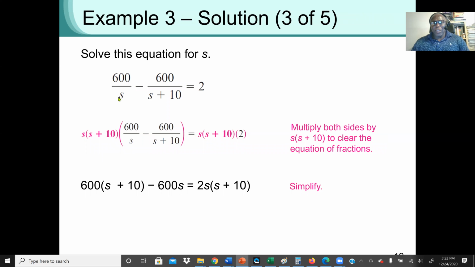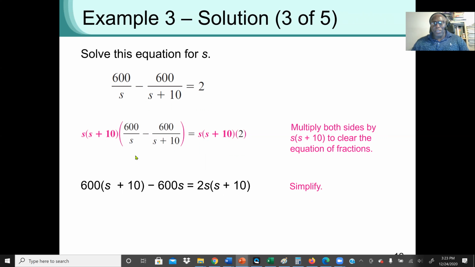Multiply both sides by the LCM, S times S plus 10, on this side and on the right side also. Then we open the parentheses, we get 600 times S plus 10 minus 600 times S, cross multiply.